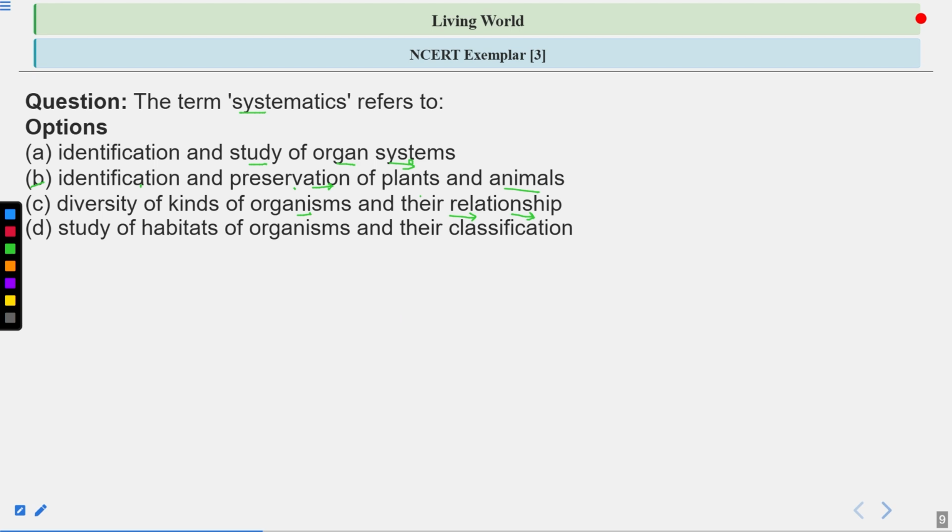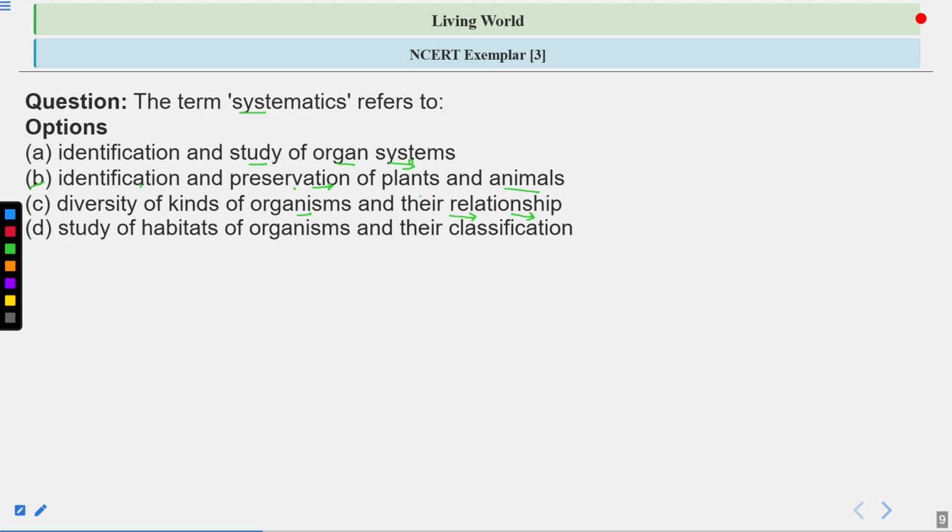So this provides evidence of evolution, that evolution is occurring. How do we know evolution is occurring? One of the evidences is by studying the fossils. These fossils are the dead remains of the living organisms which existed millions of years ago.